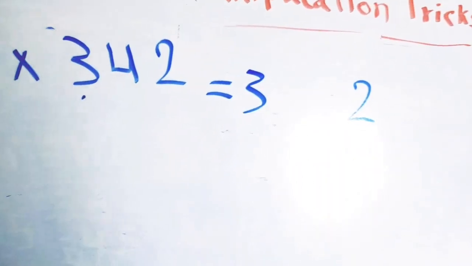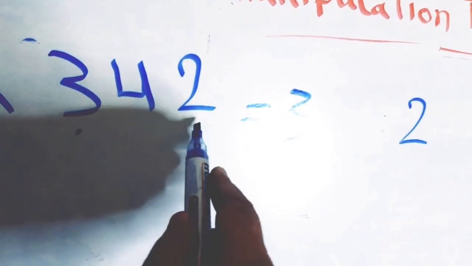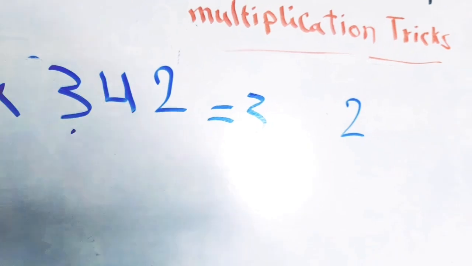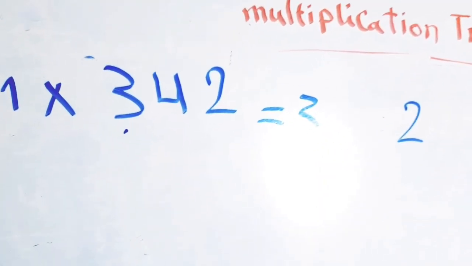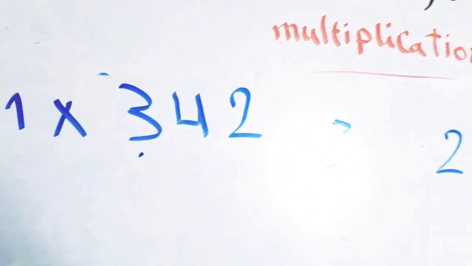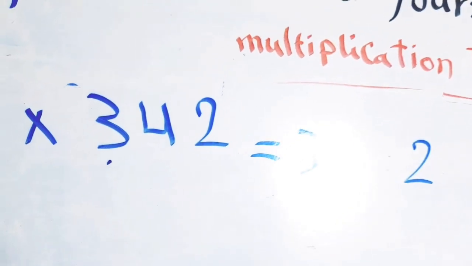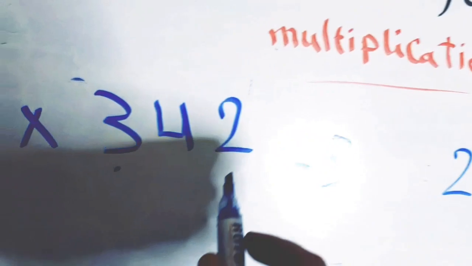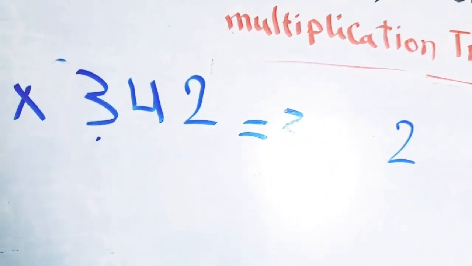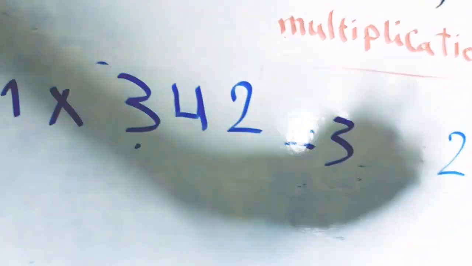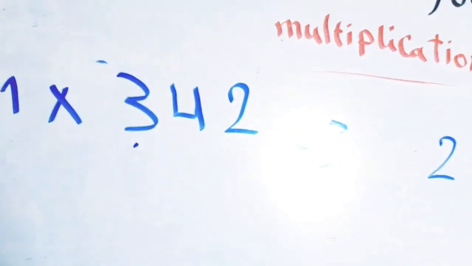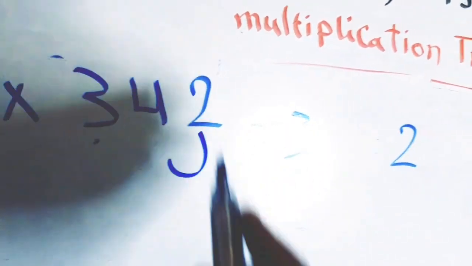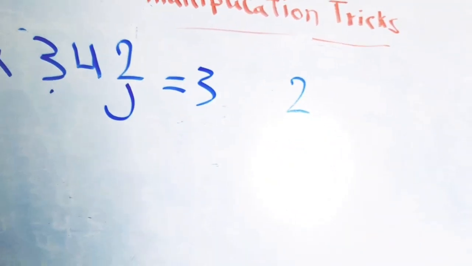What then? We do sequential addition. What do you mean by sequential addition? Look and you will now understand what is meant by sequential addition. We do sequential addition from the right side to the left side in this way. 2 plus 4 equals 6.